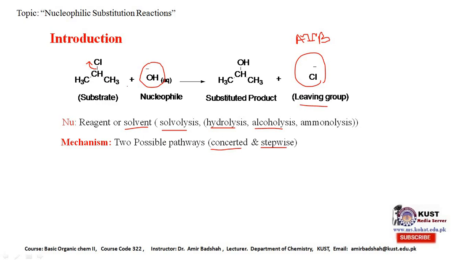And if the leaving group leaves first, and then in the following step the nucleophile attacks the carbon-deficient center, then it involves two or more steps, and such a mechanism is the stepwise mechanism.